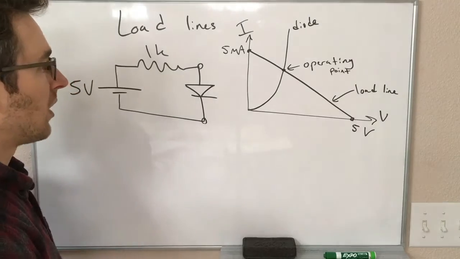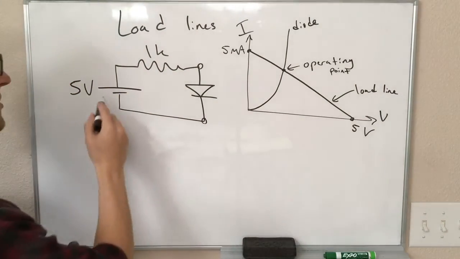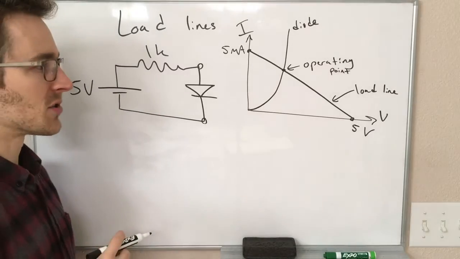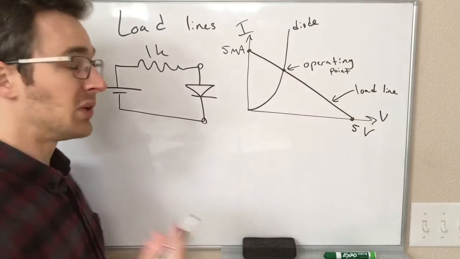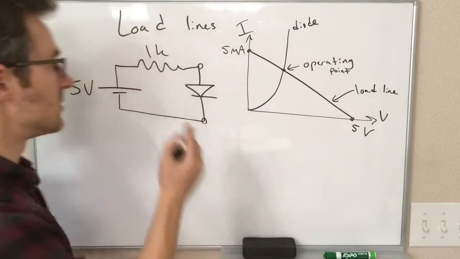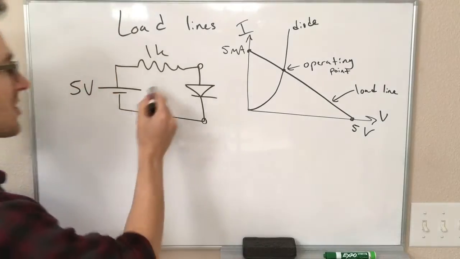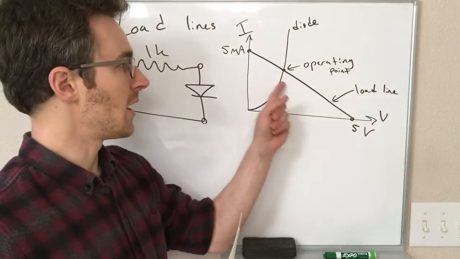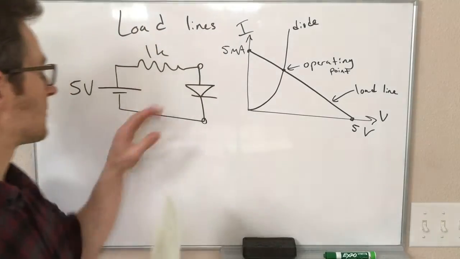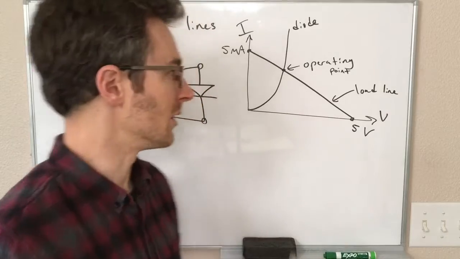But in fact, for any complicated combination of resistors and voltage sources or current sources, our load line is going to be linear, because any circuit made of resistors and voltage sources can be reduced to a single voltage source and a single resistor. That is, our load line is always going to be linear for supply circuits like this because of Thevenin equivalence.